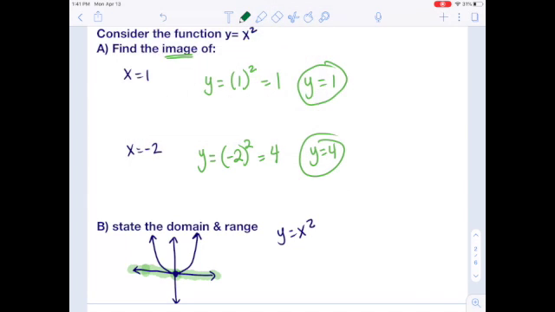So really your domain is all real numbers. You can plug any real number into that function and you will have a corresponding y value coming back.